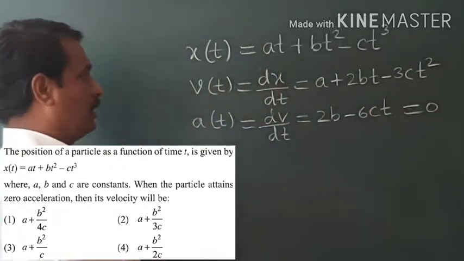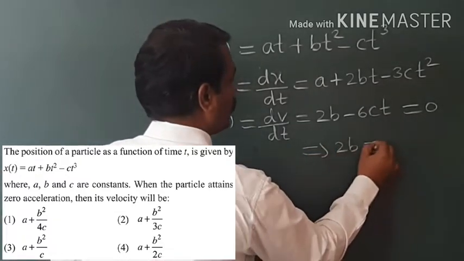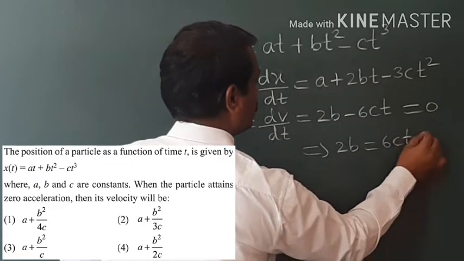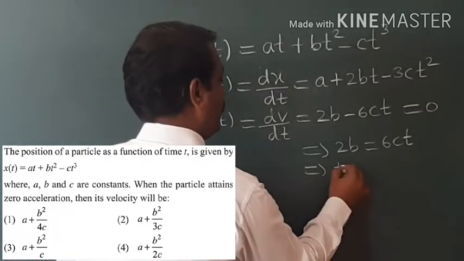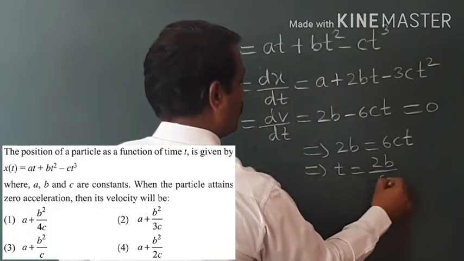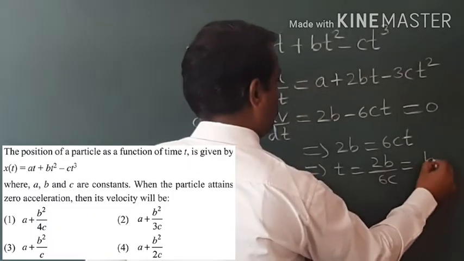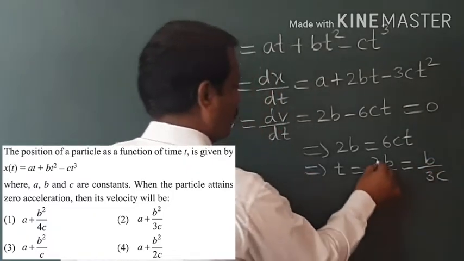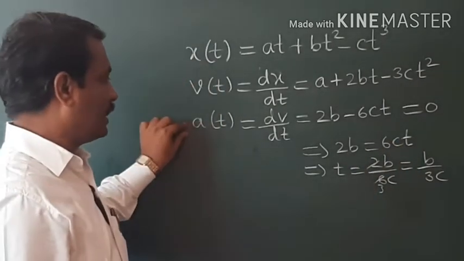So when it becomes 0, this implies 2b is equal to 6ct, or this implies t is equal to 2b by 6c, or you can write b by 3c. So acceleration becomes 0 at t equal to b by 3c.